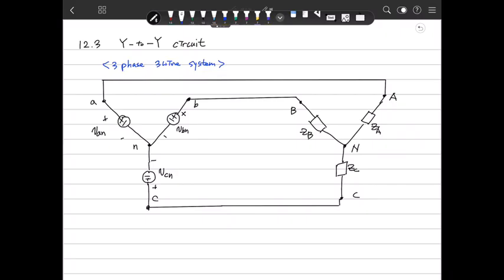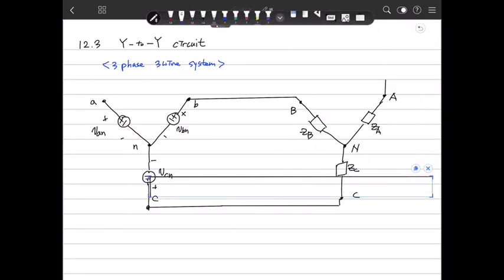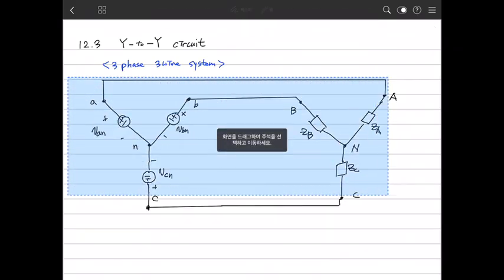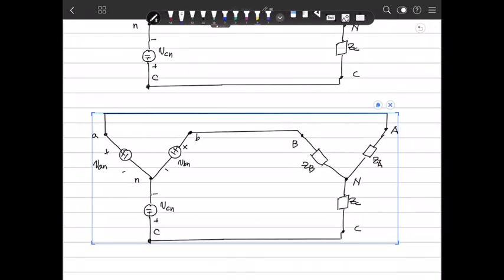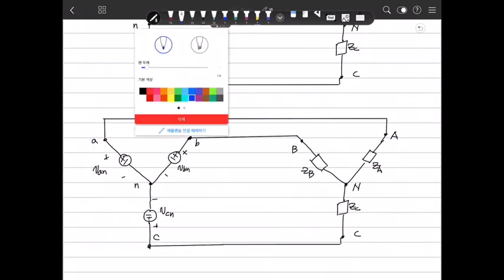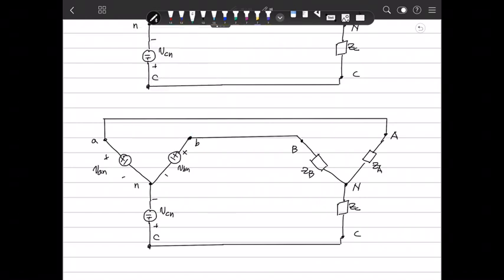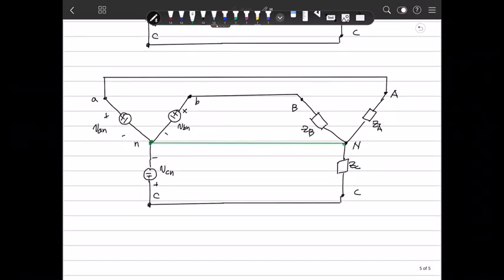Then in the same configuration, if we add one more wire from small n to large n in this manner, then we say this system is a three-phase, four-wire system.